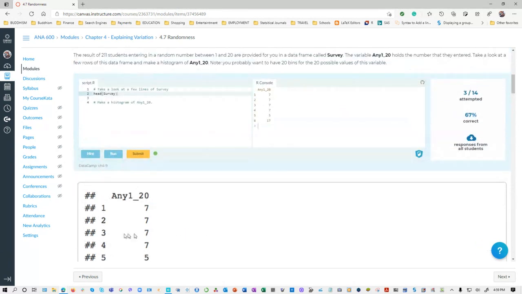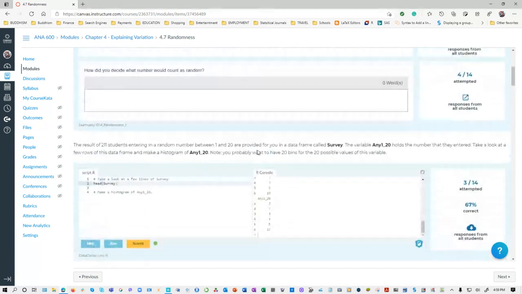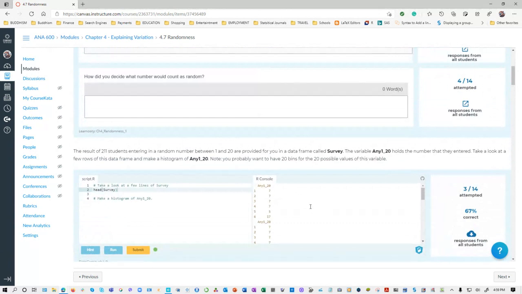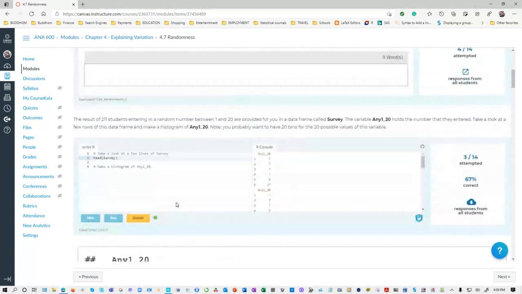Let me run it again. It shows 7, 7, 7, 5, and the numbers are changing, but it's the same kind of thing. Now you're going to draw a histogram, because the data set is already set up.